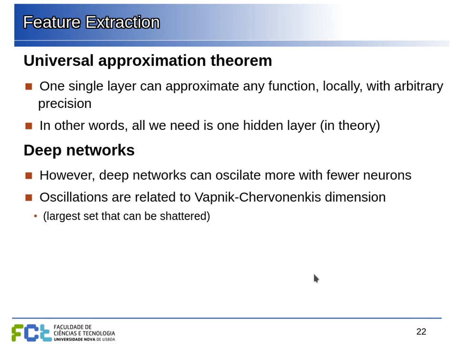And as we stack layers, we get an increasing power of oscillation, of changing rapidly from one value to the other, depending on small changes in the inputs. And these oscillations are related to the Vapnik-Chervonenkis dimension, which we saw can be used to measure the power of a classifier. So this is one reason why stacking many layers ends up being better than just using one huge layer or one huge transformation into a very large space, for example.